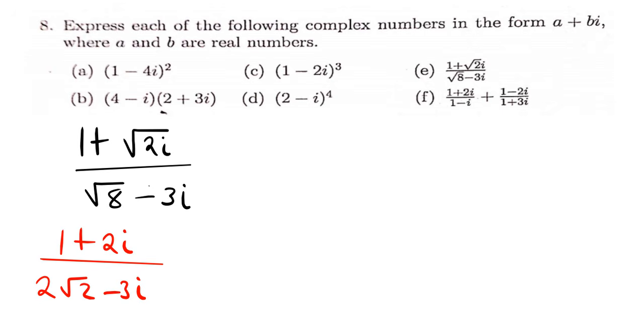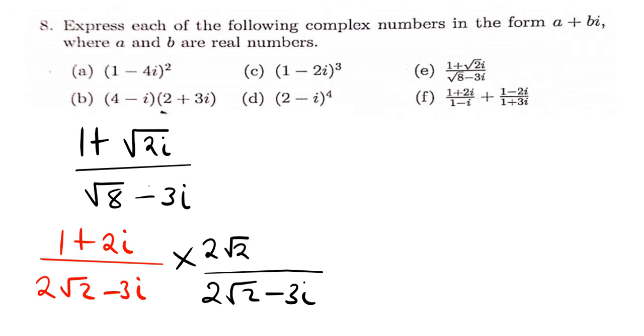Since the one that we have is a minus, okay, and if we square that, look at this. So we're multiplying by 2 root 2 minus 3i on the denominator. Then on the numerator we've got 2 root 2, actually it's plus 3i. Okay, plus, that's the opposite of this one.